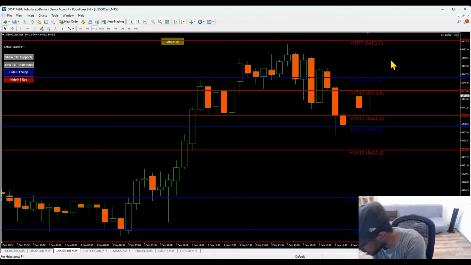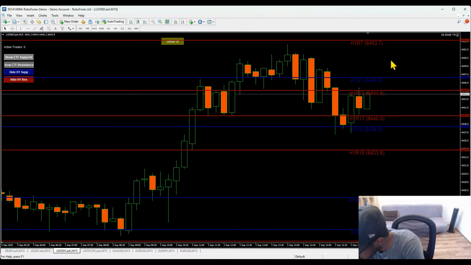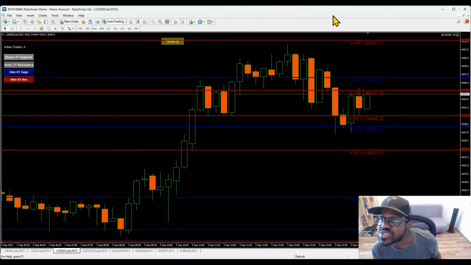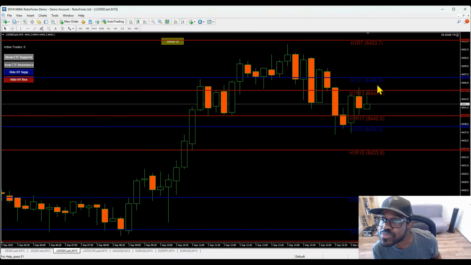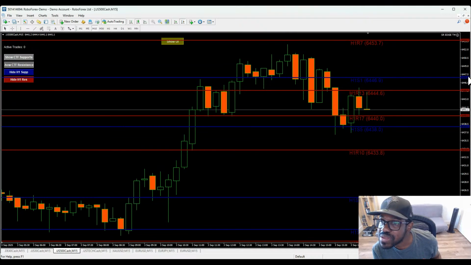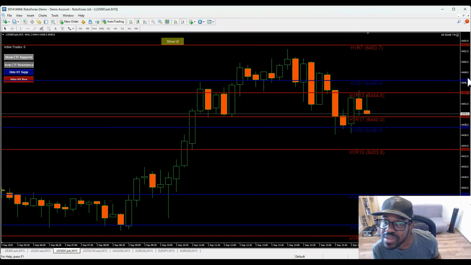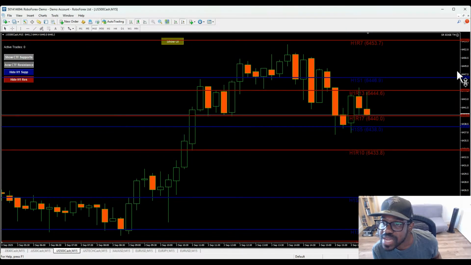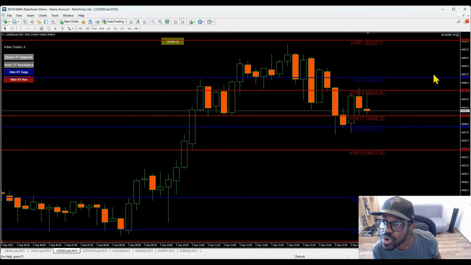Right now it's 9:30. Pretty sure it's 9:30. Yeah, it just started at 9:30. So we'll see exactly if it's going to raid that fair value gap to the downside or go on the upside.